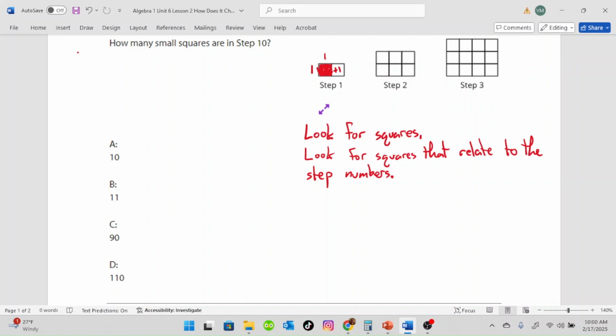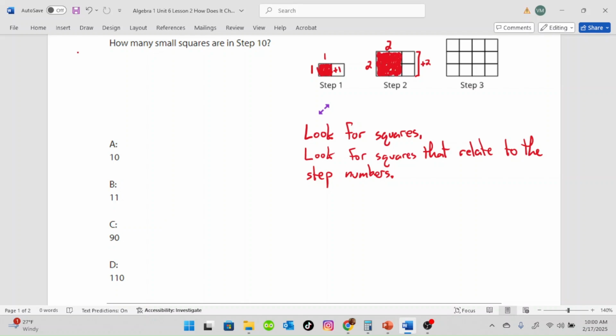Now we are in step 2. So if you will look at this square that I'm coloring in, you have a 2 by 2 square, and you add 2 squares.